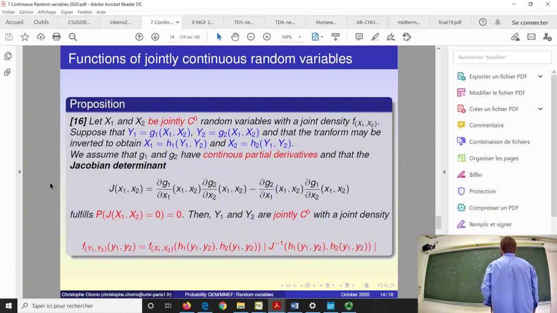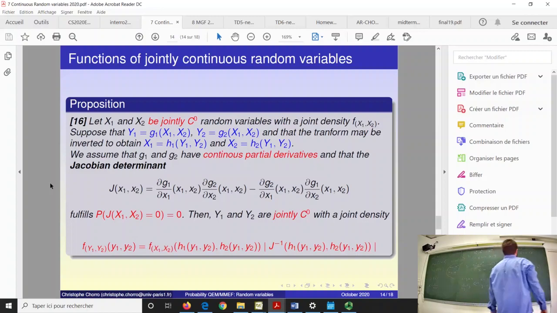So s is in R plus star, z in 0, 1, so R plus star times 0, 1.